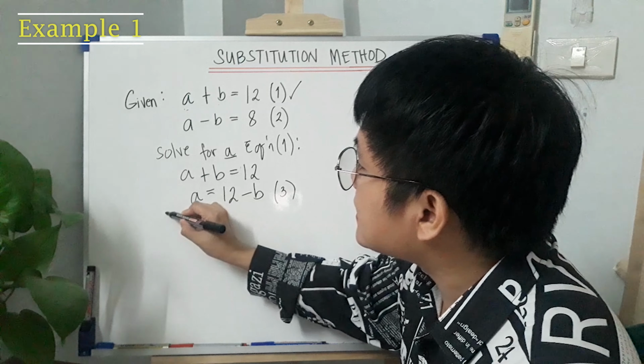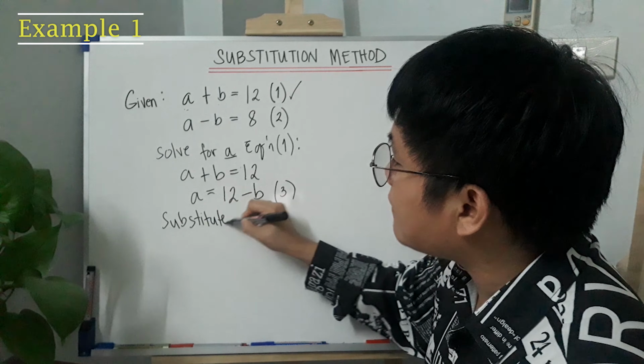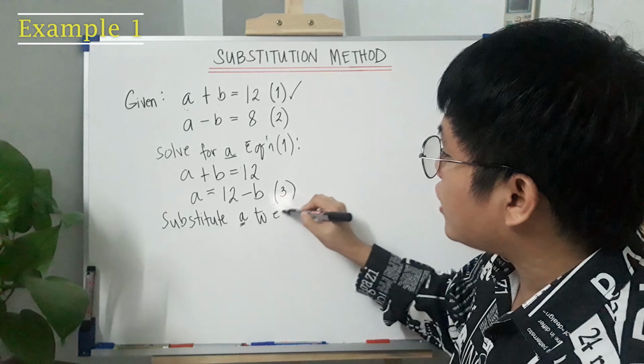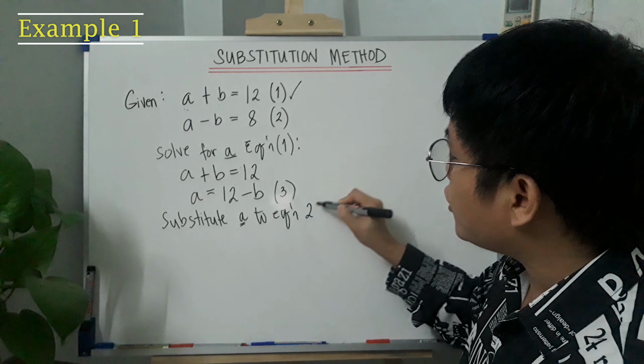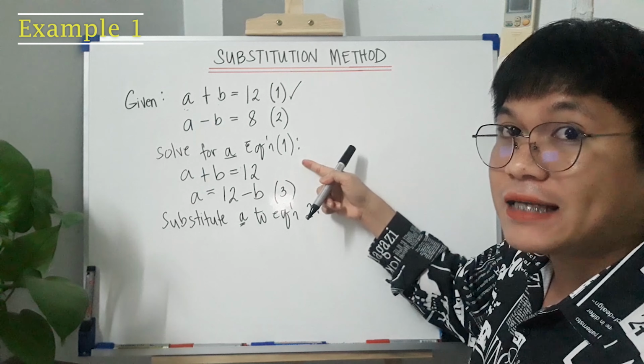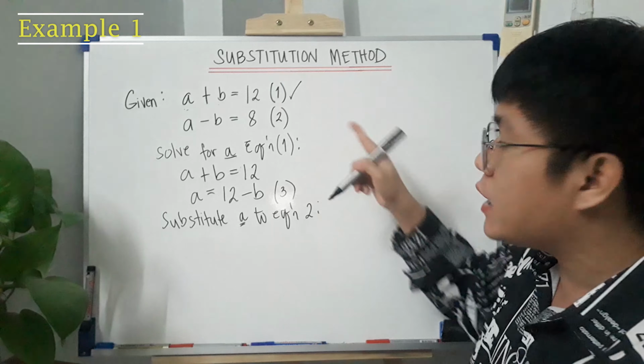So we are going to write here, substitute A to equation number 2, because we already used equation number 1 here. So we cannot use equation number 1 anymore. So we will settle for equation number 2.